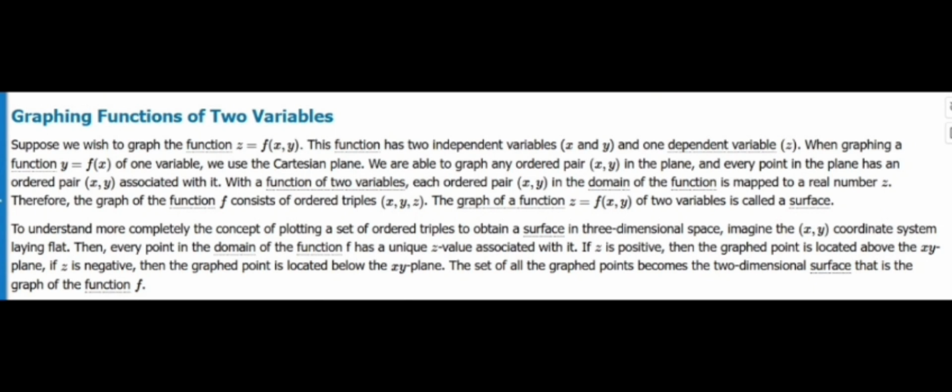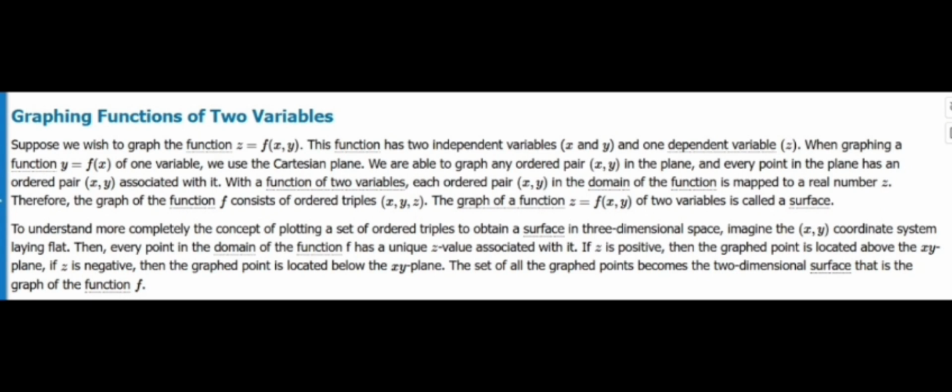Graphing functions of two variables. Suppose we wish to graph the function f equals f of x, y. This function has two independent variables, x and y, and one dependent variable f.